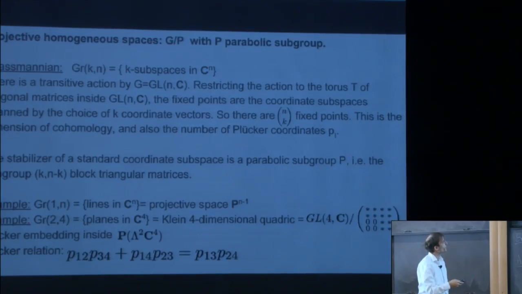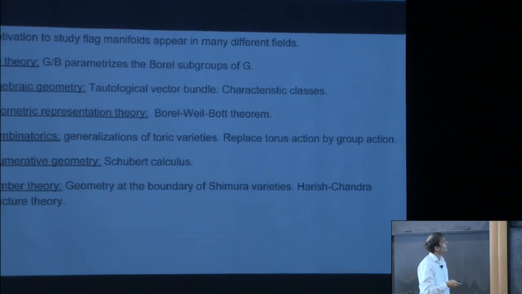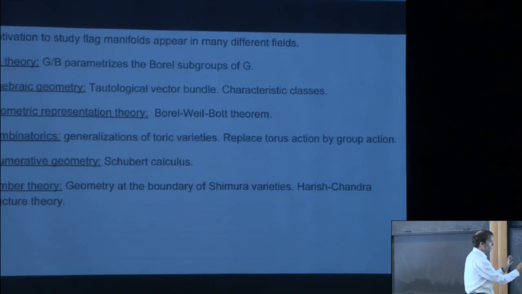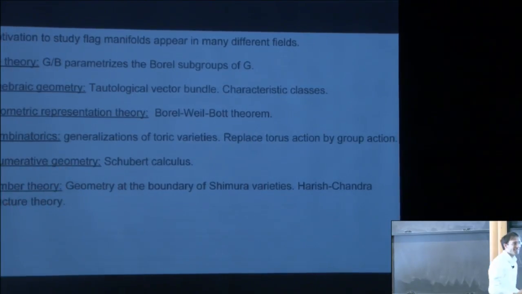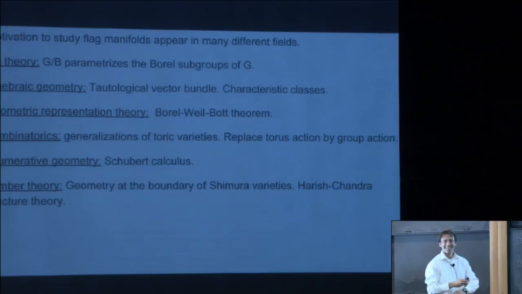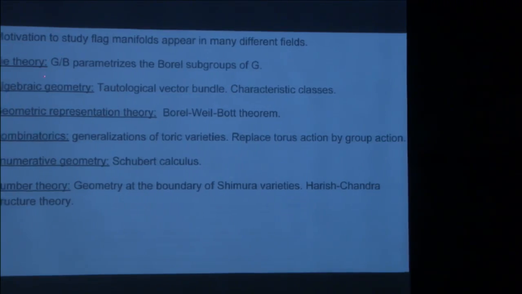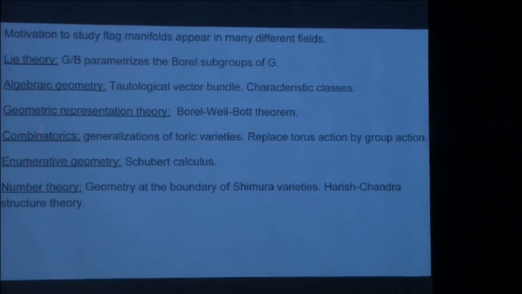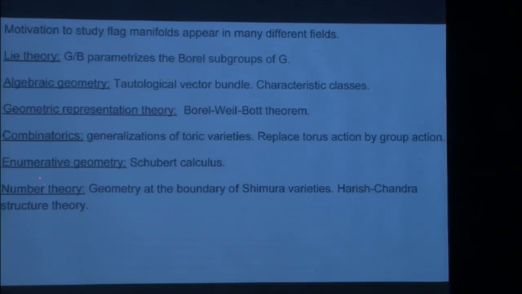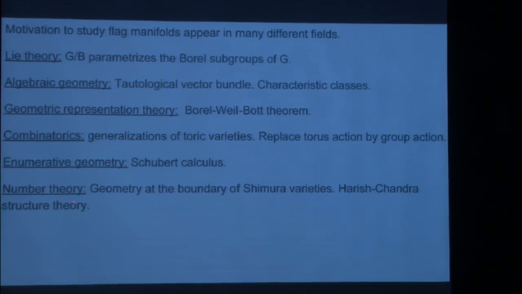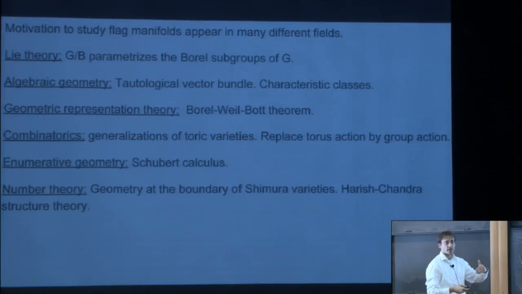Flag manifolds appear in many different places. In Lie theory, they are important. There is algebraic geometry and combinatorics, and there is the Borel-Weil-Bott theorem. In number theory, they appear often when you look at Shimura varieties and the boundary of these complicated varieties, which look like flag varieties. So that's one motivation.